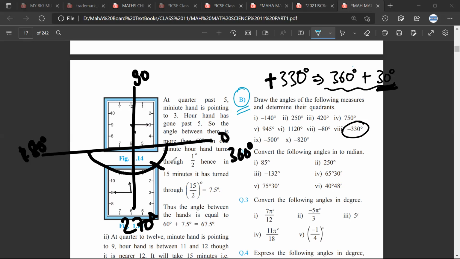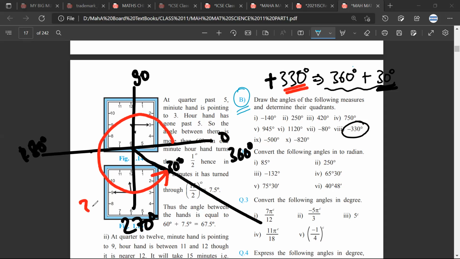I'll mark 30 degrees here. I will join this, and because it is positive 330, from here to here would be 330 degrees. 30 degrees. Any doubt till here?